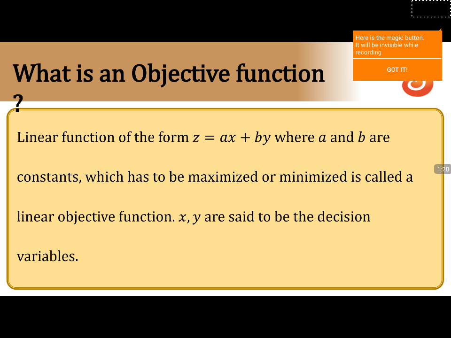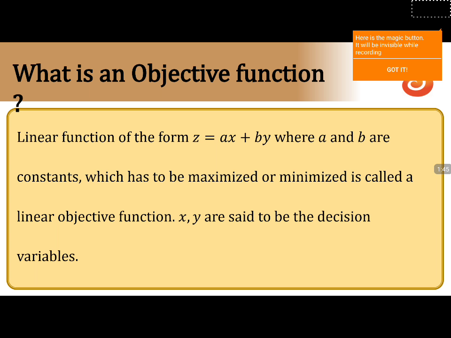The vertices so obtained will be called the vertices of the convex set, or vertices of the solution. If we substitute these vertices in the objective function, say z equals ax plus by, some values will be maximum, some will be minimum, and some will be in between the maximum and the minimum.